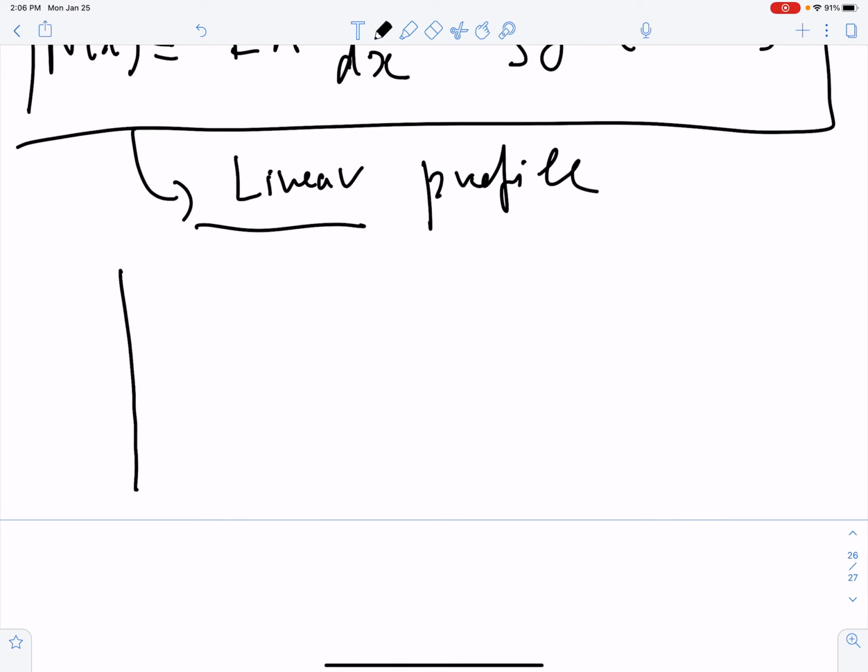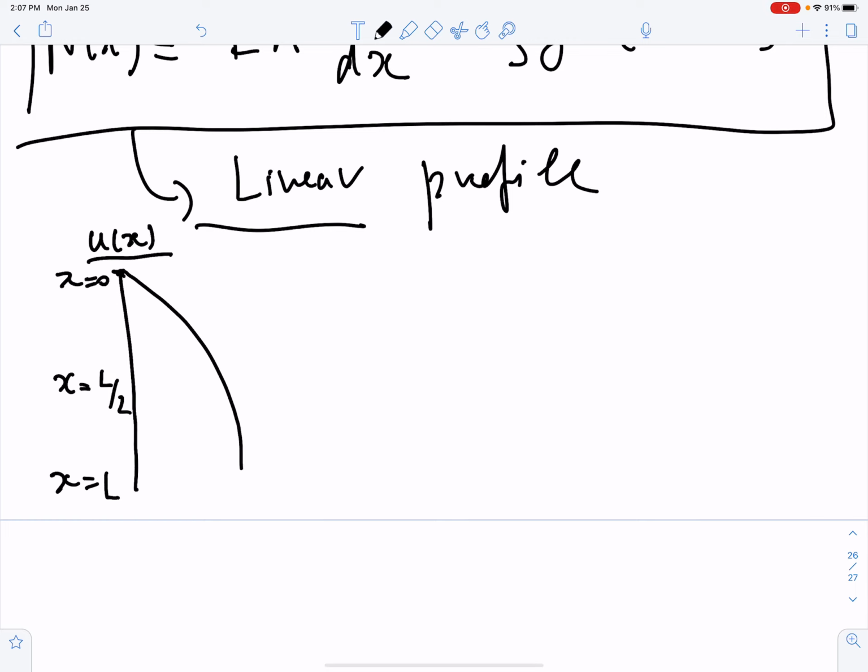So this is u of x. We'll start at x equals 0. Let's sample at the halfway point, and let's sample at the end. All right. We get a distribution that looks like this.